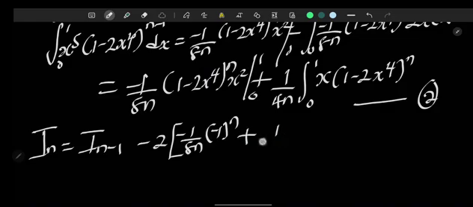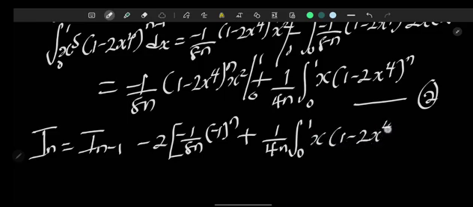So let's just write 1 over 4n integral from 0 to 1 x 1 minus 2x raised to the power of 4, then n dx. There should be the x here.